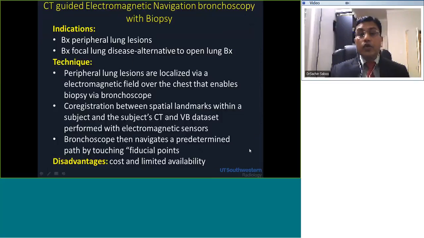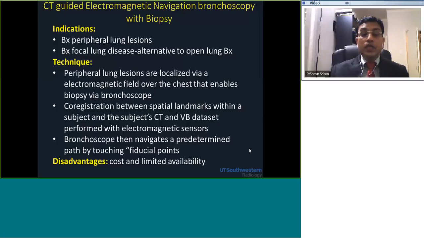So when do we do this electromagnetic navigation bronchoscopy? It's typically done for peripheral lung lesions as well as focal lung lesions as an alternative to open lung biopsy. How do you do it? So first of all, you acquire a CT scan, and then peripheral lung lesions are localized via the electromagnetic field over the chest, and that enables biopsy via bronchoscope. It is similar to the left atrial appendage procedures that are performed for its occlusion.